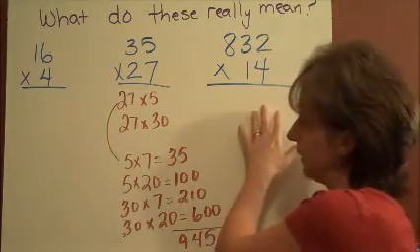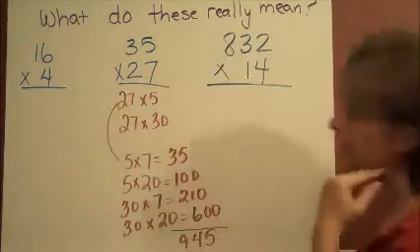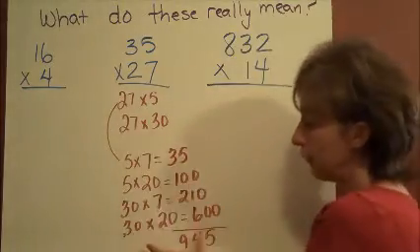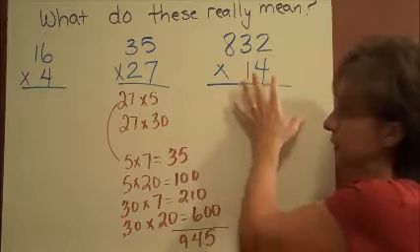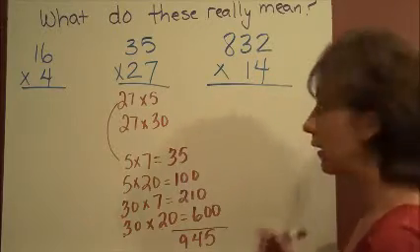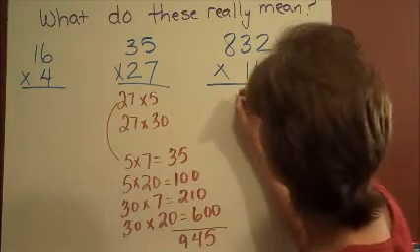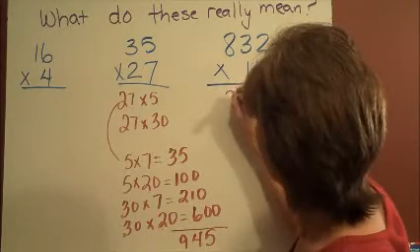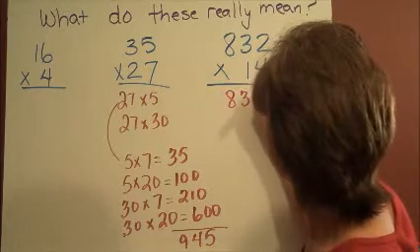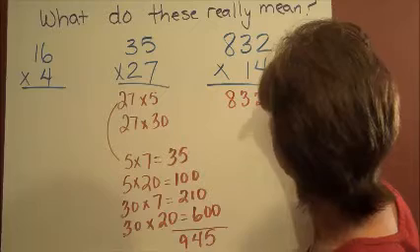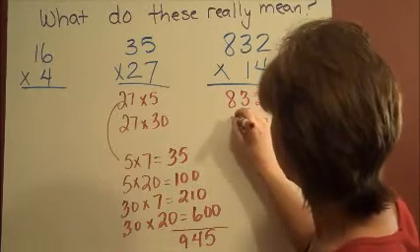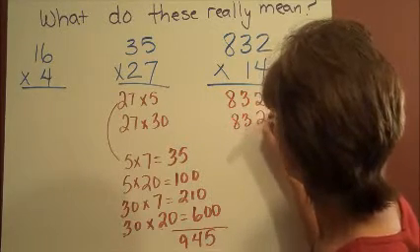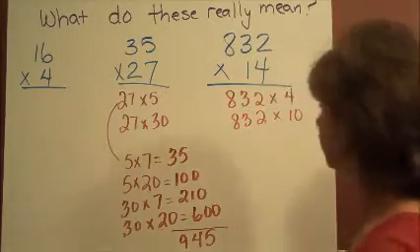Well, could I do it with this one? Sure, it just means that instead of having 4 problems here, I would have 6 problems. Let's try it. 832 groups of 4 and 832 groups of 10.